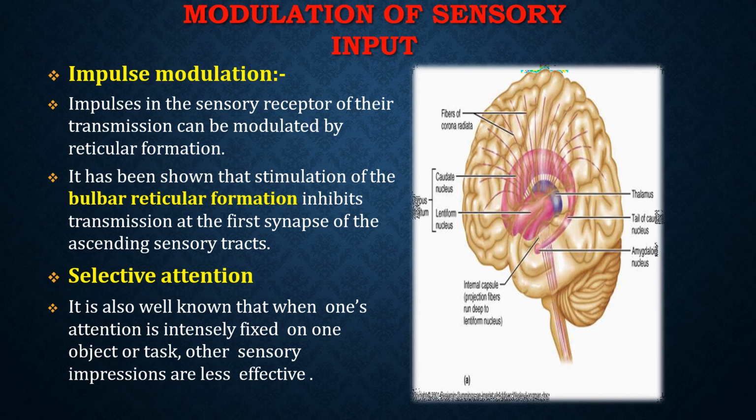So, modulation of sensory input or efferents. Impulse modulation: impulses in the sensory receptor and their transmission can be modulated by reticular formation. So we have seen that all the ascending tracts will be giving collaterals to reticular formation. So that's why it has that chance of modulating the sensory input.